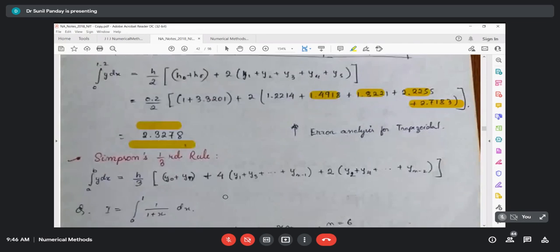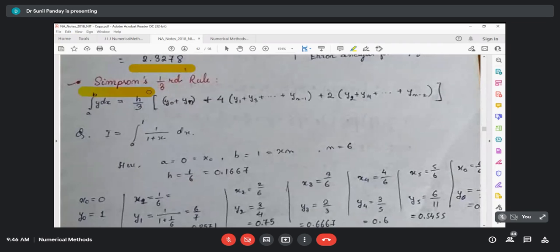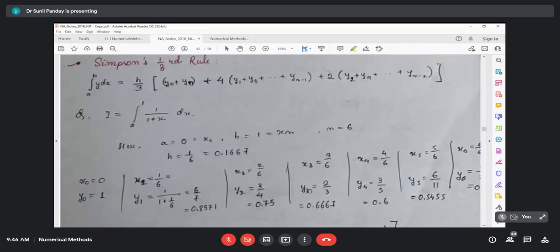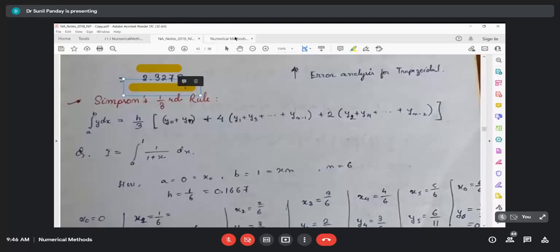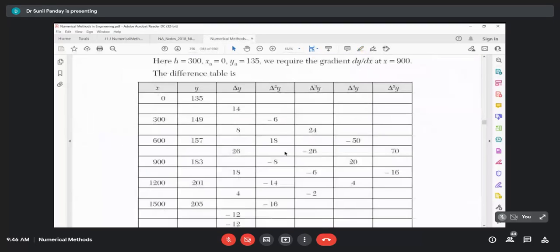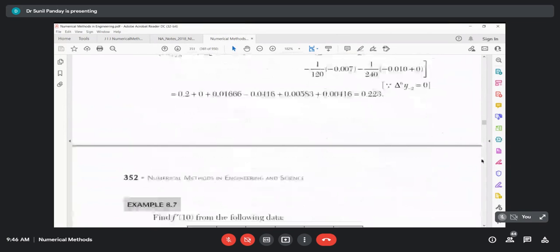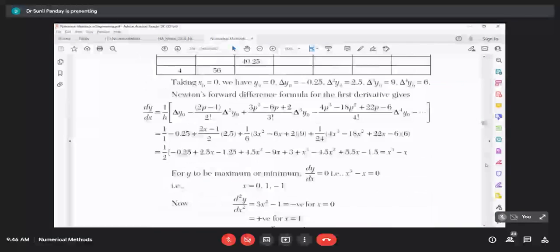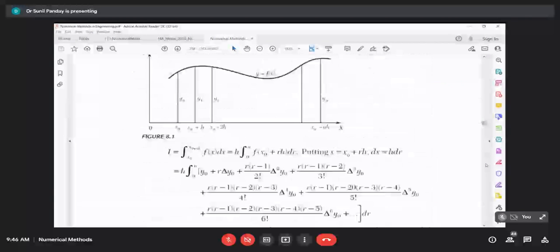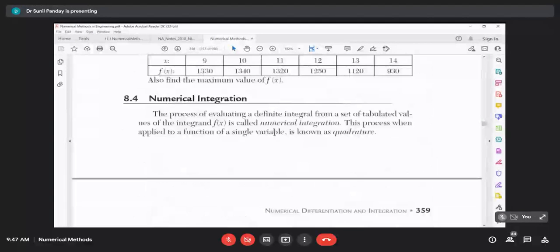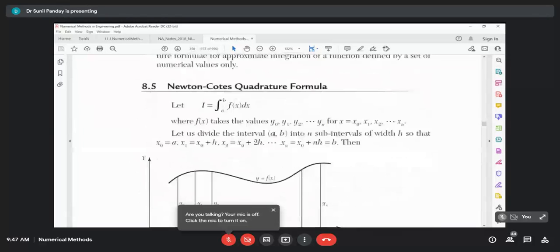Now we have another method known as Simpson's 1/3 rule. It is not here, okay, we will see it in some time. Okay, so we have already discussed numerical integration.